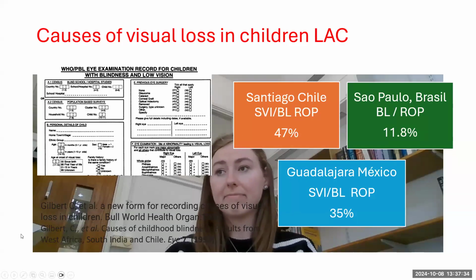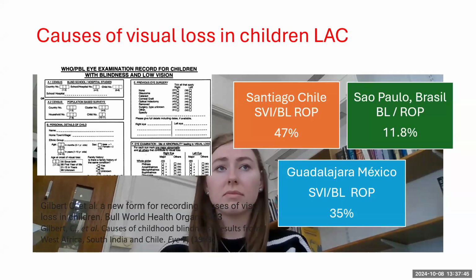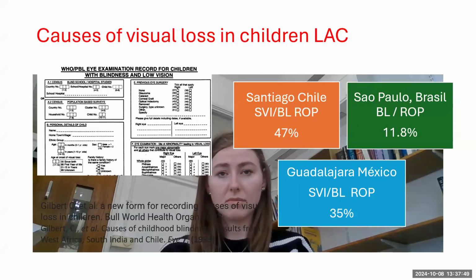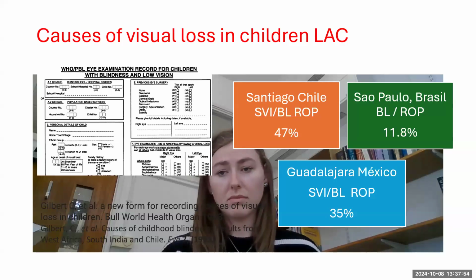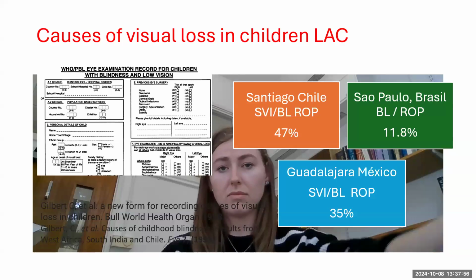The first part was giving the evidence on the problem, and that was helped by Claire Gilbert. She came a long time ago to discover the proportion of blindness caused by ROP in several countries.